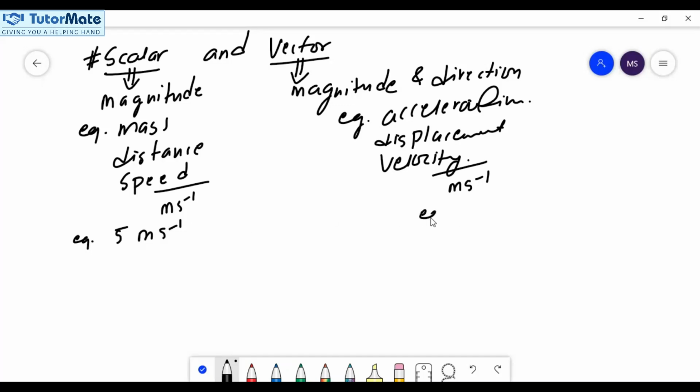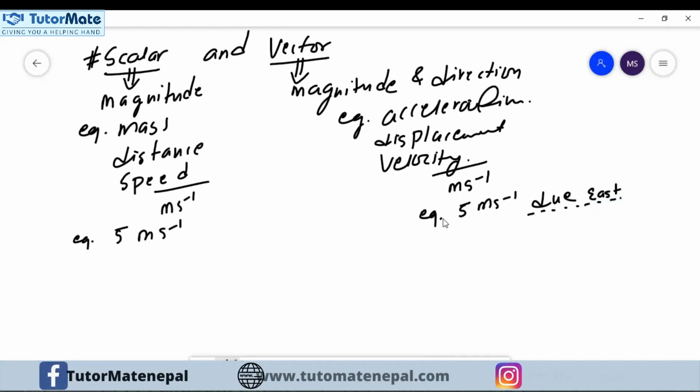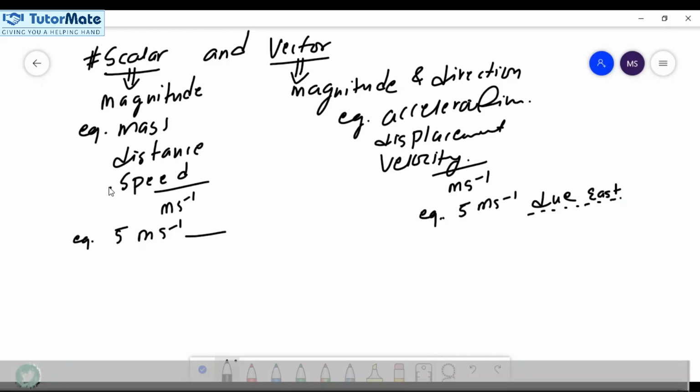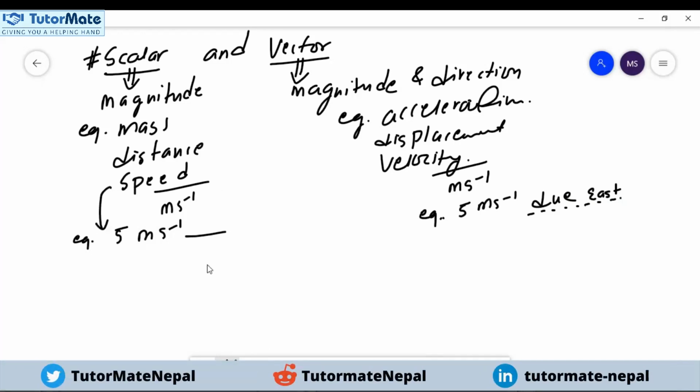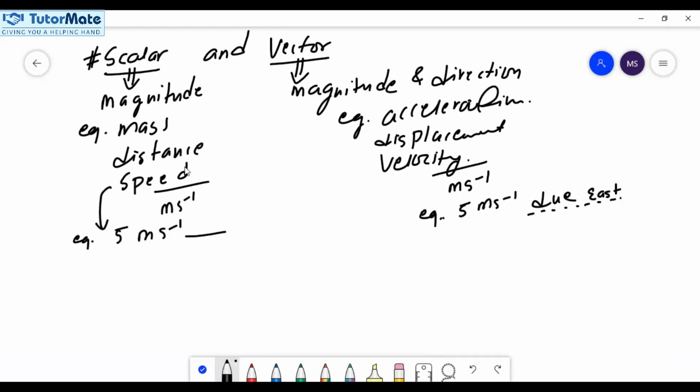And if it is a velocity, then we have to say 5 meter per second due east. Since the direction part is added here, we can say that this is a velocity, whereas the direction part is not here, so we can call this a speed. These are the very basic concepts of physics.